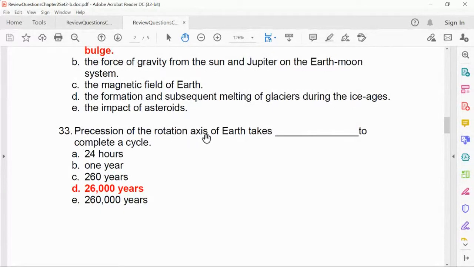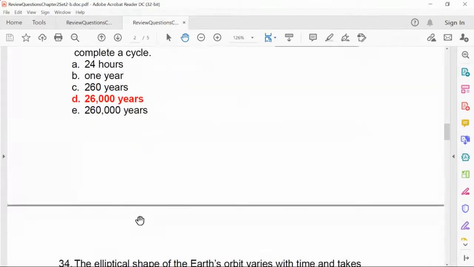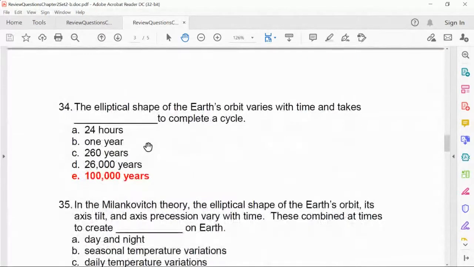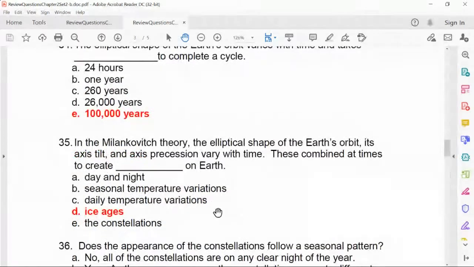Precession of the rotation axis of the earth takes 26,000 years to complete a cycle. The elliptical shape of the earth's orbit varies with time and takes 100,000 years. And we also talked about the tilt between 22 and 24 degrees, which takes 40,000 years.